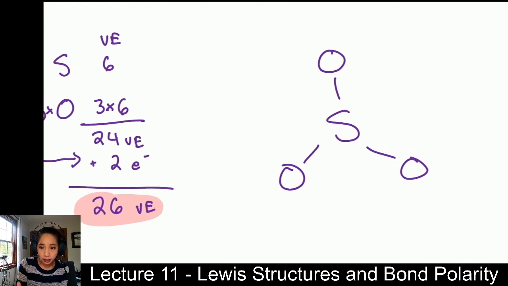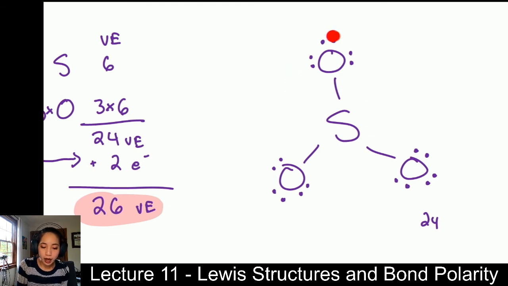So 6, 7, 8, 9, 10, and so on up to 24. So there are 24 electrons I've placed down, and I still have 2 extra electrons.